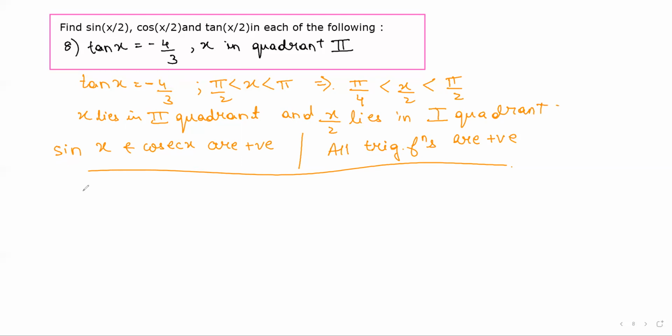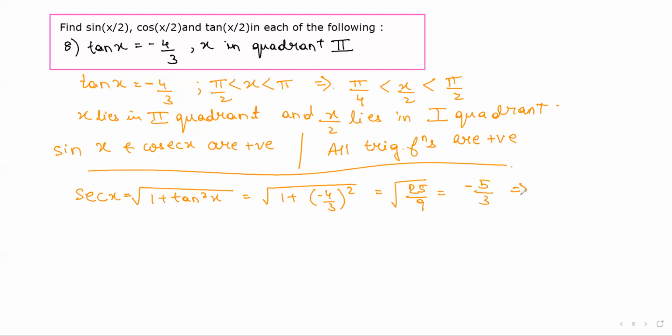So you can get the value of sec x, which is equal to root of 1 plus tan square x, which is root of 1 plus (minus 4 upon 3) whole square, which is root of 9 plus 16, 25 upon 9. Now this is in the second quadrant, sec is negative, so it should be minus 5 upon 3, which means your cos x will be equal to 1 upon sec x, which is minus 3 upon 5. So cos and sec both are negative in the second quadrant.